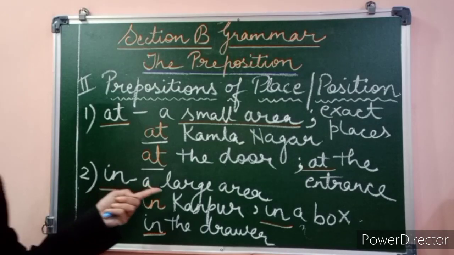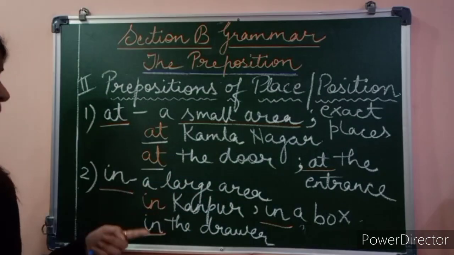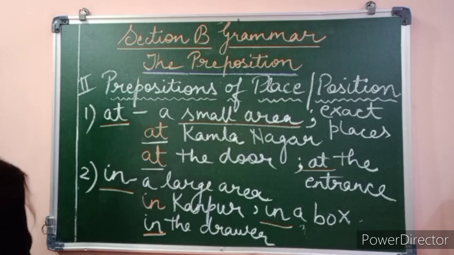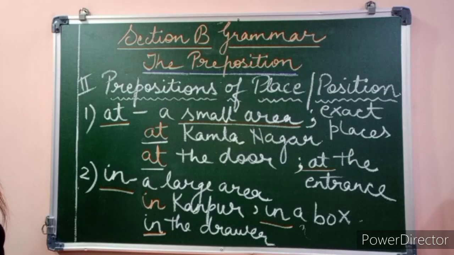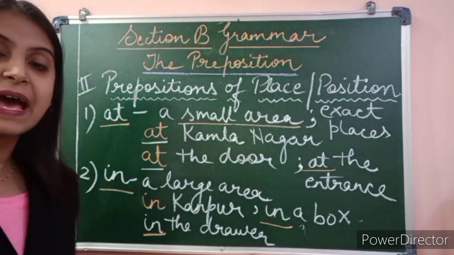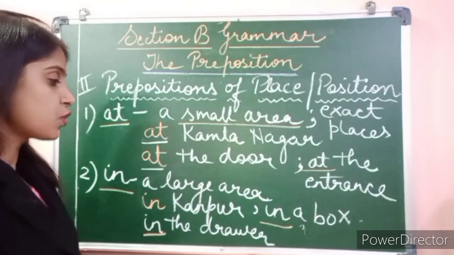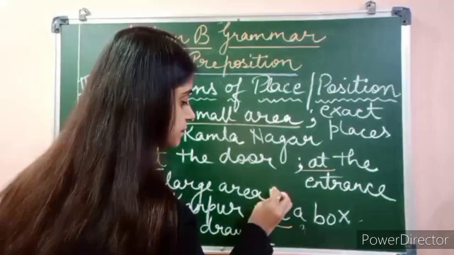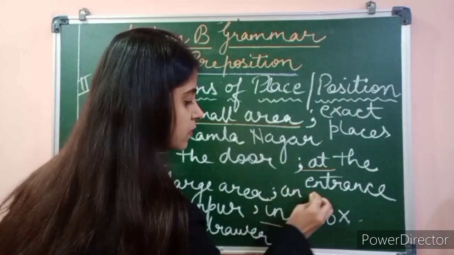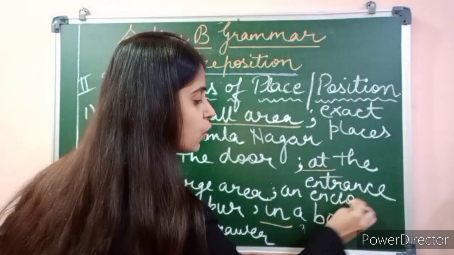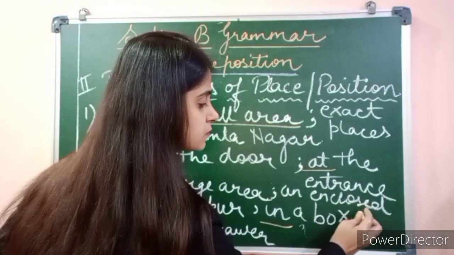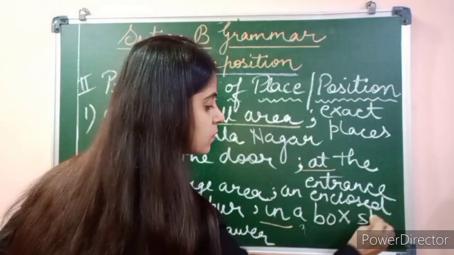So in is used for a larger area, in Kanpur, and it is also used when we talk about something which is in an enclosed space. So here I am writing an enclosed area.